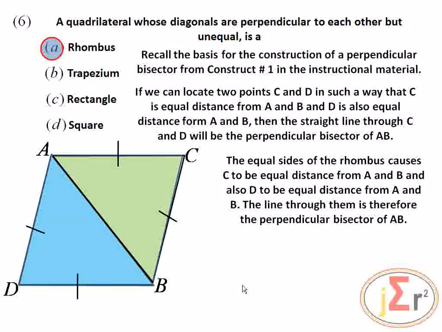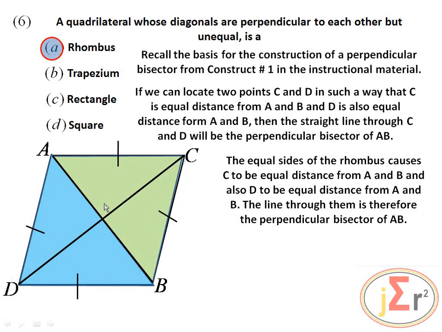The equal sides of the rhombus cause C to be equal distance from A and B, and also D to be equal distance from A and B. The line through them is therefore the perpendicular bisector of AB. Right, therefore we are sure that this diagonal is perpendicular to this diagonal.